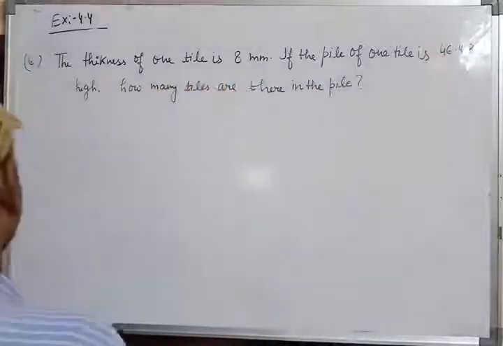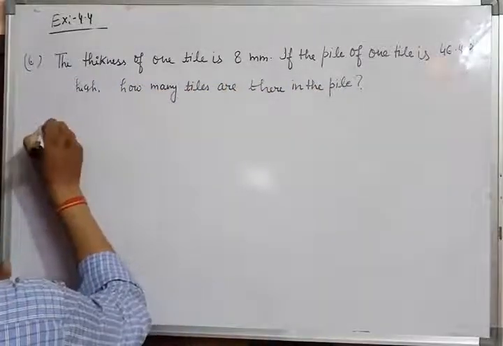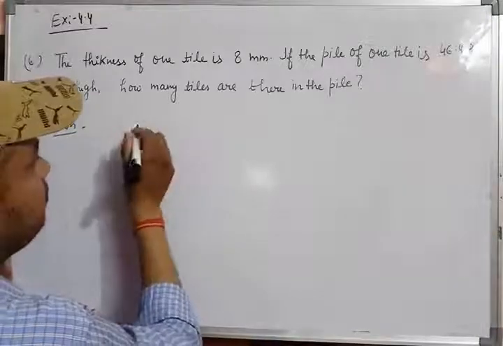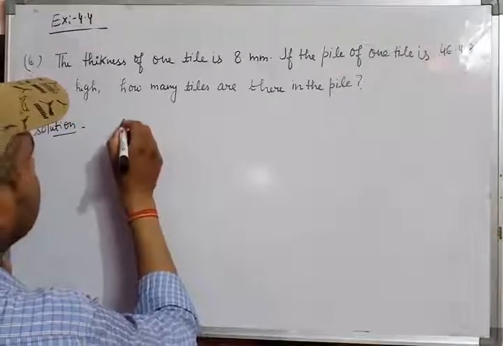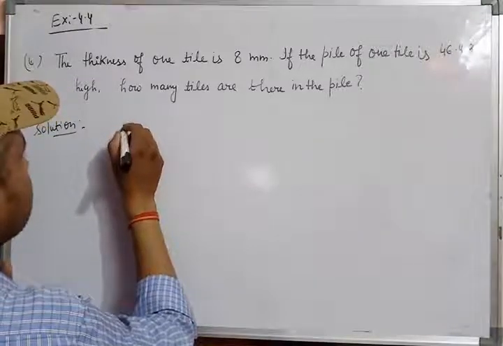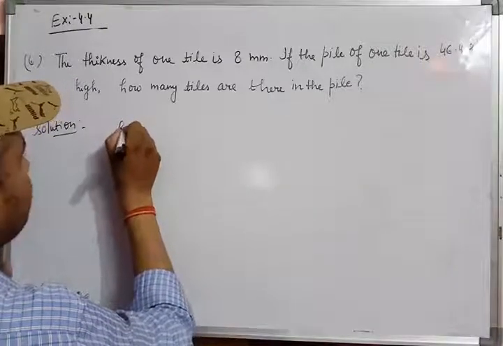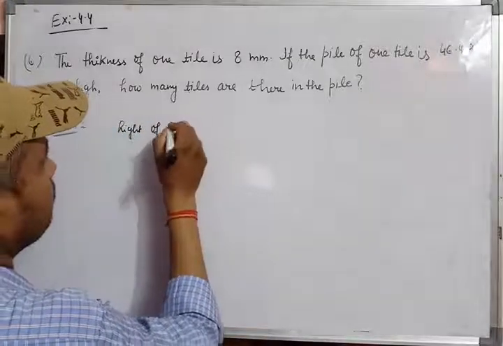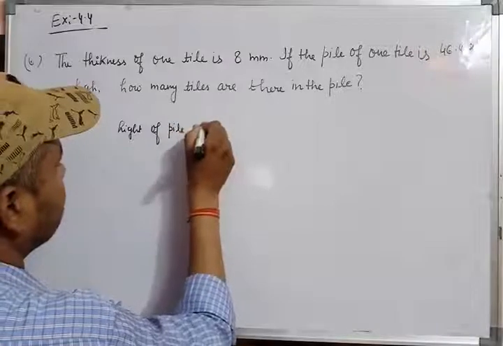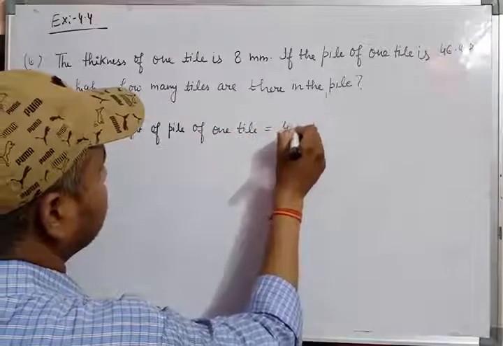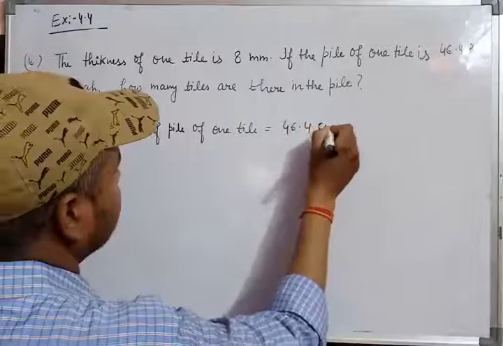So let's start the solution. Height of the pile of tiles is equal to 46.4 centimeter.